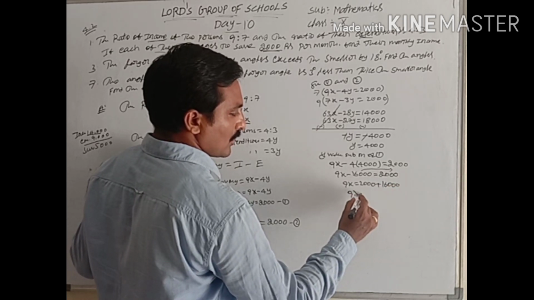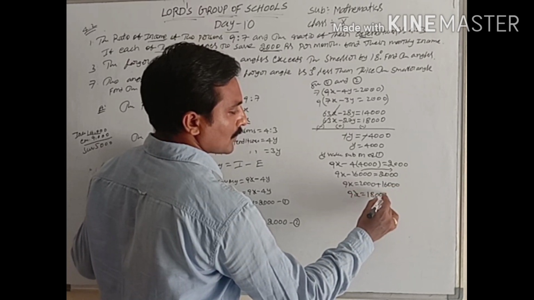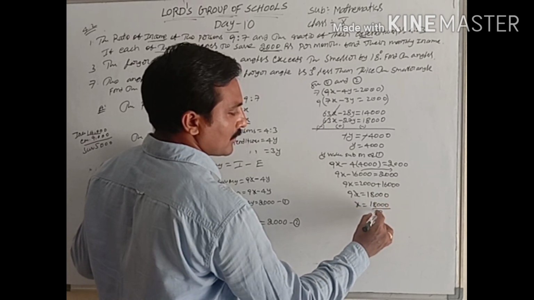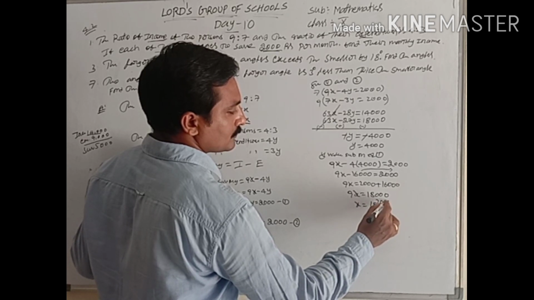Now 9x is equal to 18,000. X is equal to 18,000 by 9, 2,000.